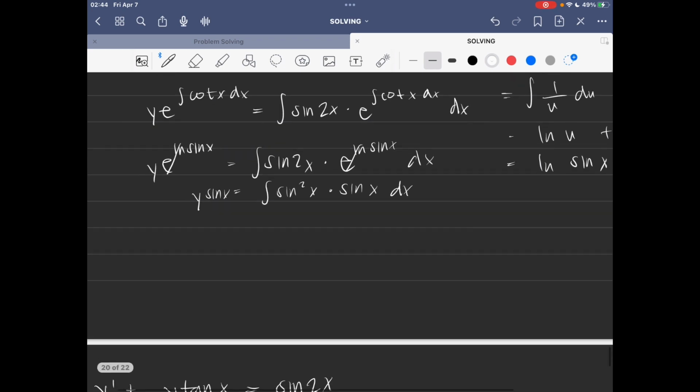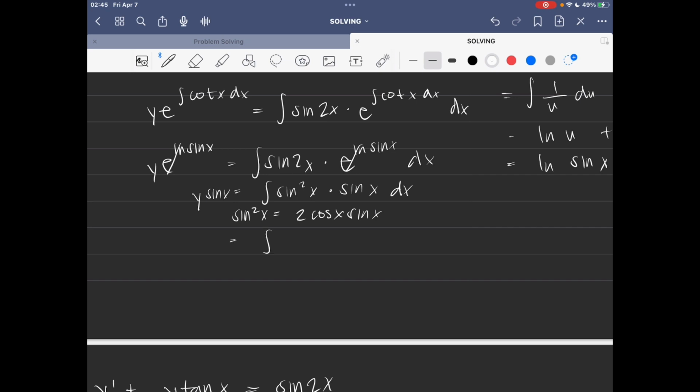So to get the integral, we have to use the trigonometric identity of sine 2x, which is 2 cos x sine x.